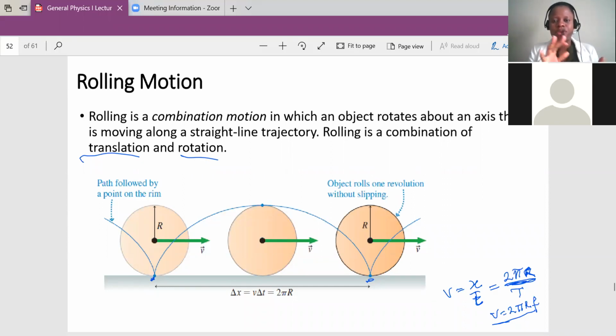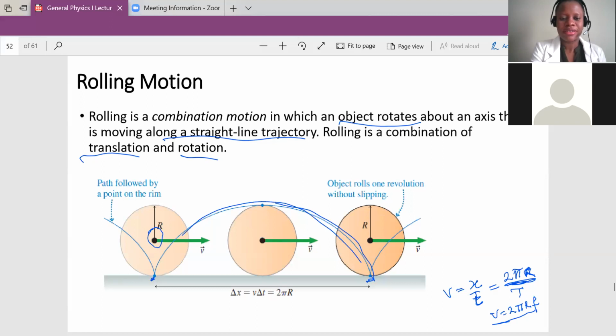So the combinational motion of this object rotating about its axis and at the same time making movements along a straight line trajectory, we'll have the rotation part and the translation part. One is happening about the axis, one is translating, making movement. This is translational, while this is rotational.